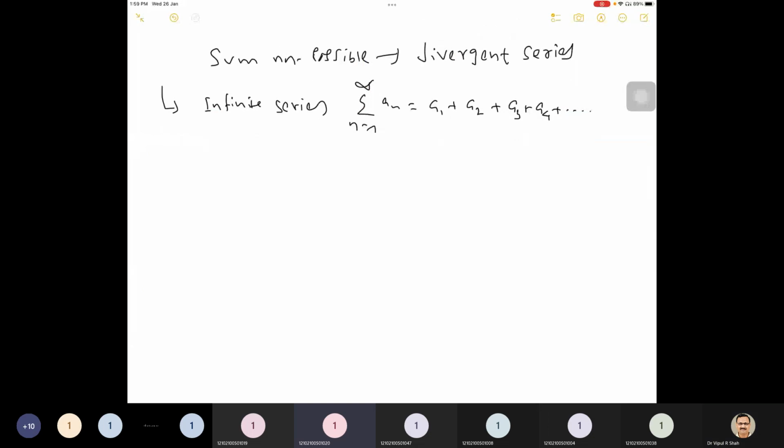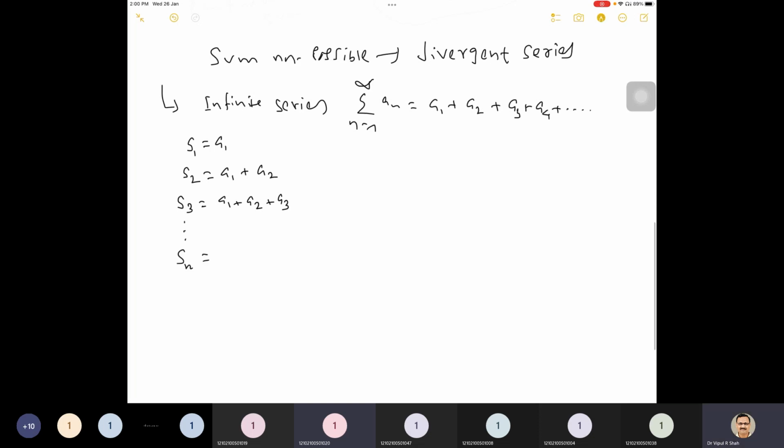Okay. Now we write S1. S stands for the sum. Let's say A1 only. Only one term we take, we write S1. S2 is A1 plus A2, the sum of the first two terms. S3, three terms, and then take the sum.